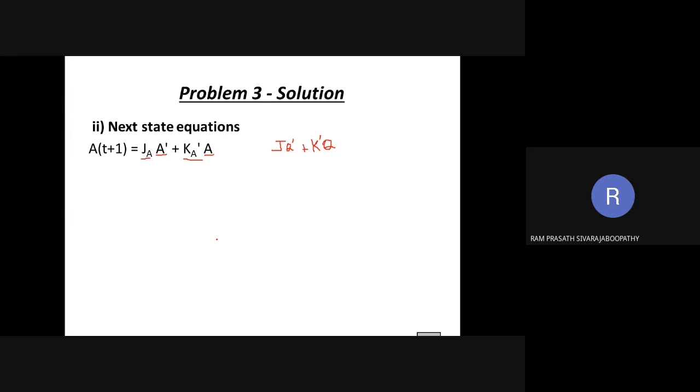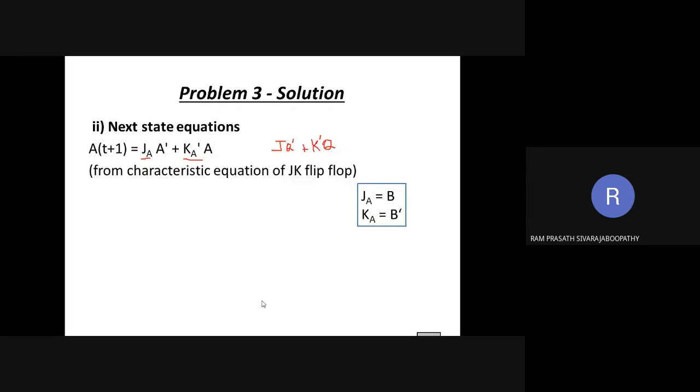Is this understood by everyone? From the previous equation we have to substitute JA and KA. What did we find for JA? B, and KA is B bar. Shall we substitute? Then what comes? BA bar plus BA.